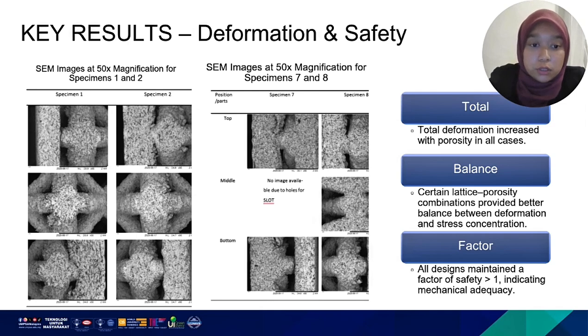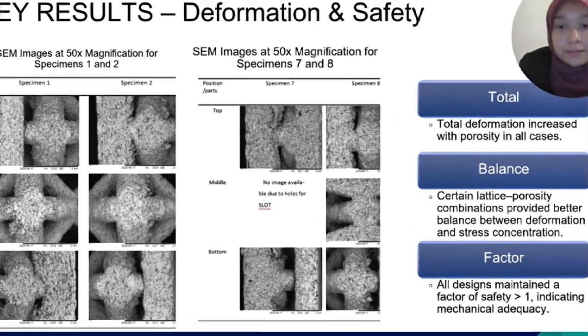For the total deformation, it increases with porosity in all cases. Certain lattice and porosity combinations provided a better balance between deformation and stress distribution. For the factor of safety, all designs maintain a factor of safety greater than 1, indicating mechanical adequacy.